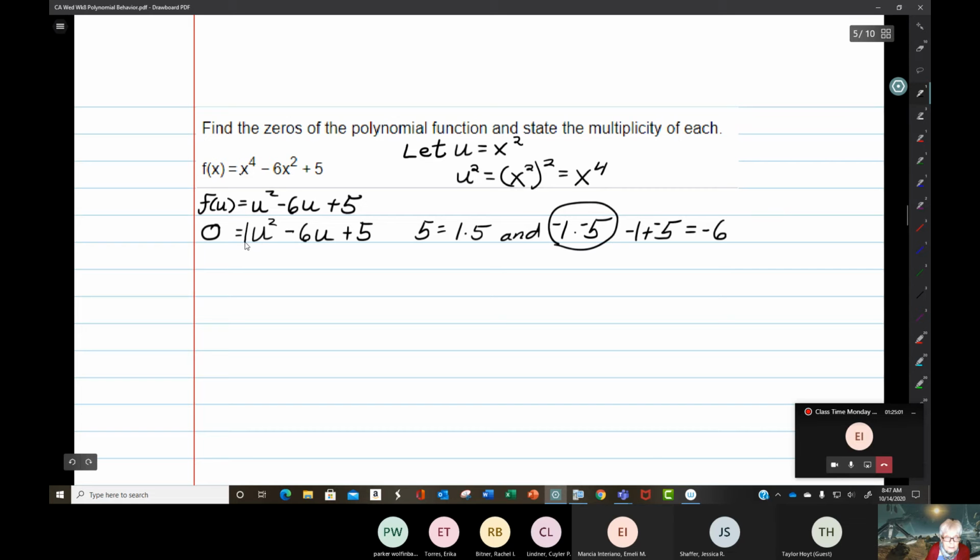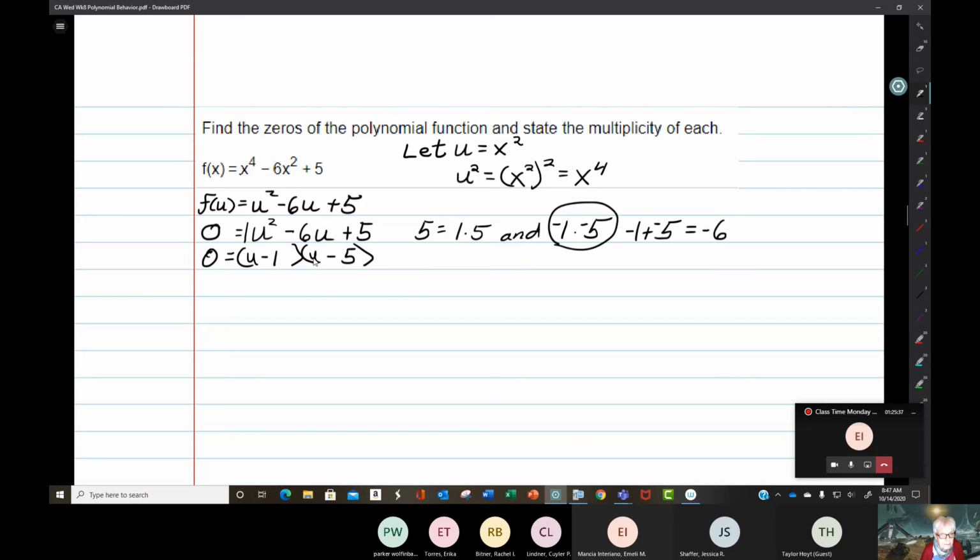Notice there's a 1 in front of the u squared, so I can use the faster method of grouping here, which I like a lot. 0 equals boom, boom, boom, boom. Put a u, put a u. Put a minus 1, put a minus 5. Ta-da! Double check. U times u is u squared. U times minus 5 is minus 5u.